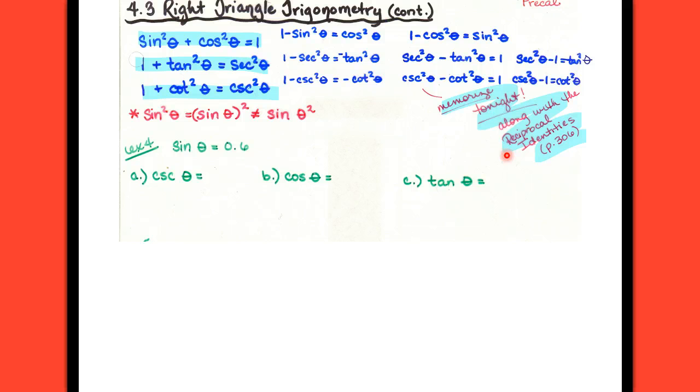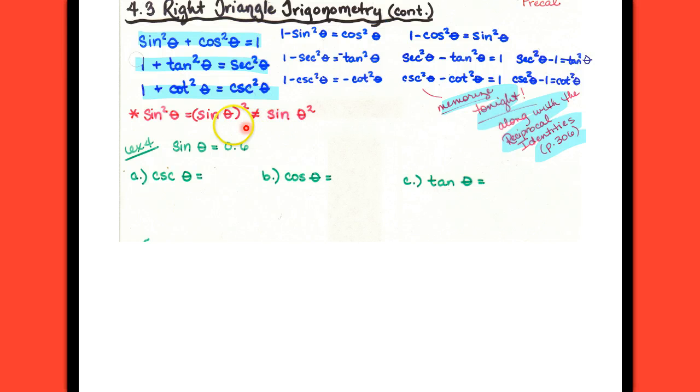The three Pythagorean identities you'll see right here. Here's one of them: sine squared plus cosine squared is equal to 1. Now, when we write sine squared, what we mean by that is the sine of theta, that whole quantity, squared. That's not the same thing as what you see here, where we just have the sine of theta squared, because in that case, only the theta is being squared.